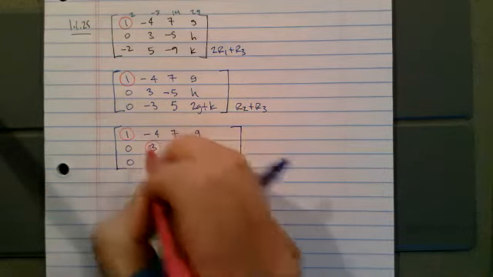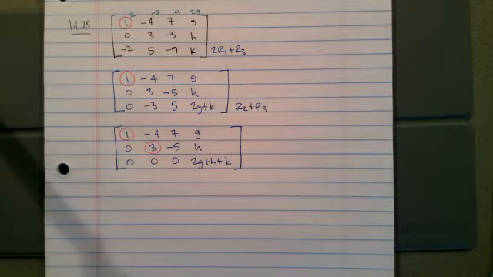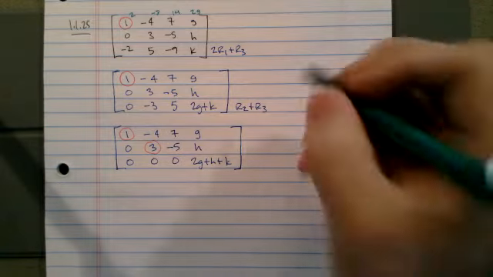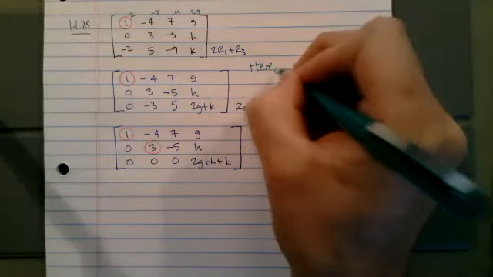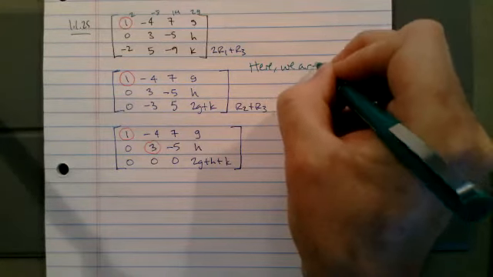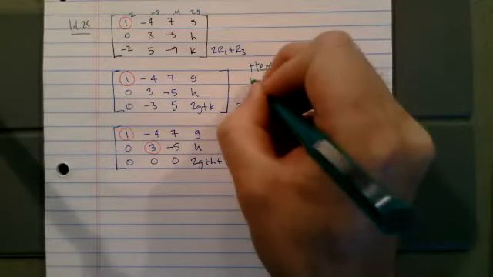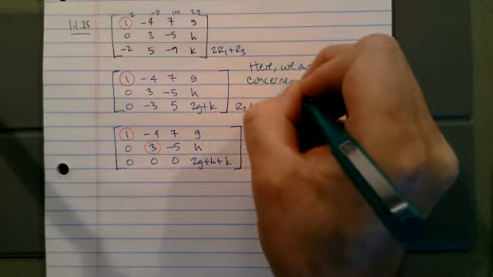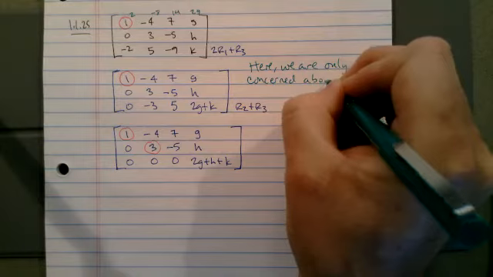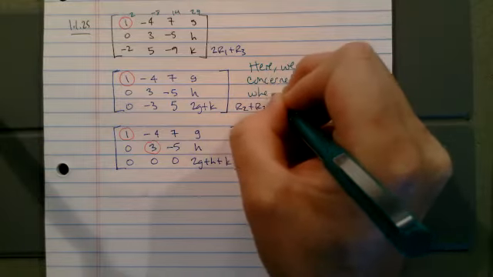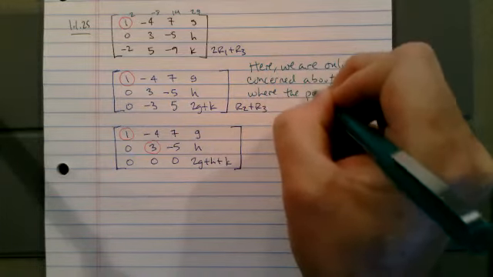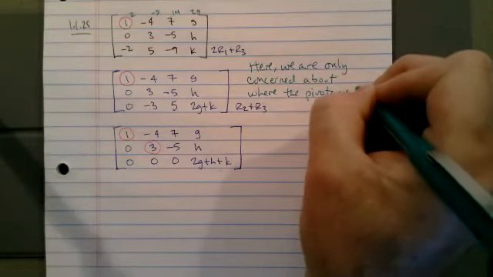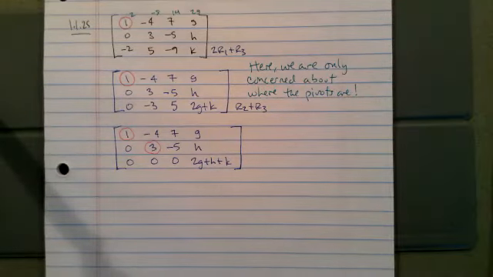So I'm only performing enough row operations to find out where the pivots are. I don't need the reduced row echelon form. We are only concerned about where the pivots are.